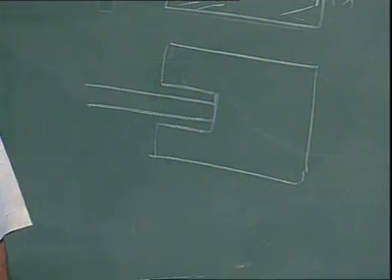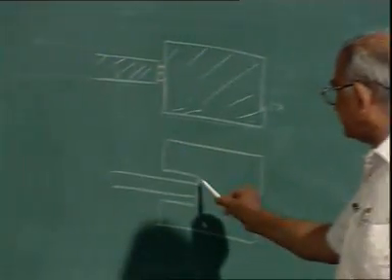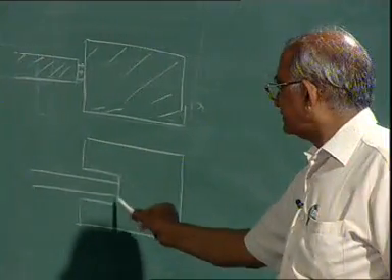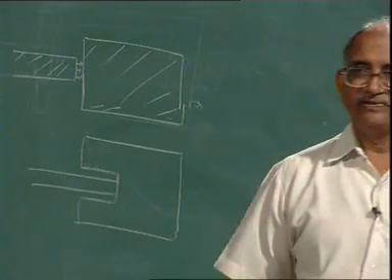This is the inset microstrip feed. Because the metallization pattern goes through these right angle bends, and these right angle bends are going to radiate extra power.